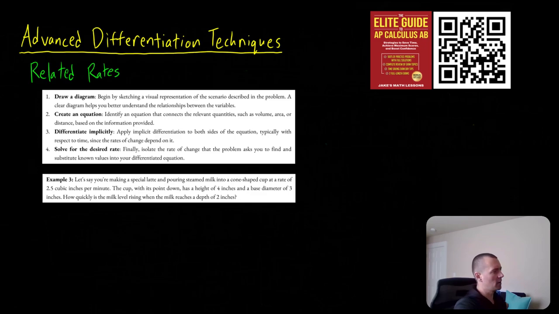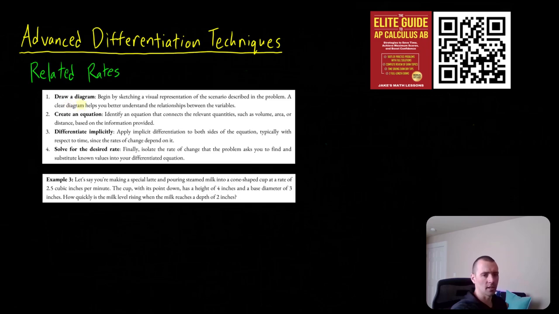So just to very, very quickly touch on these steps, there's kind of four main steps that you're going to go through with any related rates problem. You always want to start with drawing your diagram. It's really going to help with figuring out what sorts of shapes and quantities or distance measurements you're dealing with, and to help you create an equation, which is obviously going to be the second step.